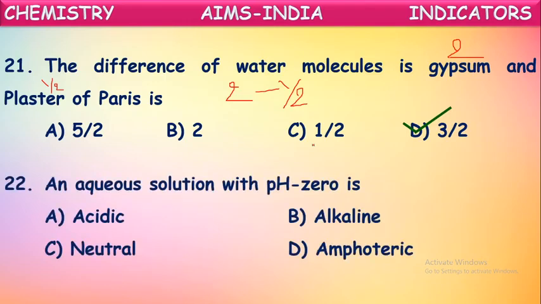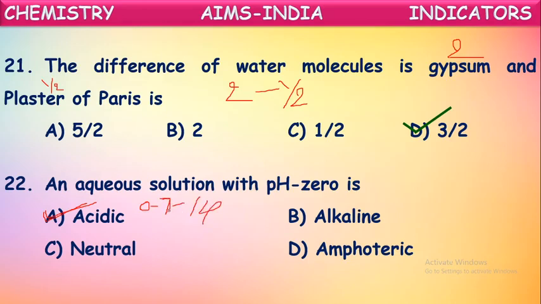An aqueous solution with pH 0. What is the nature of the solution with pH value 0? Yes, solutions with pH value 0 are said to be acidic substances. The pH range from 0 to 7 are acids. The pH range from 7 to 14 are bases.